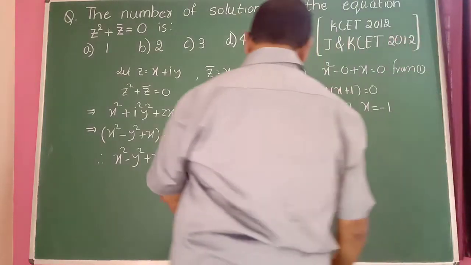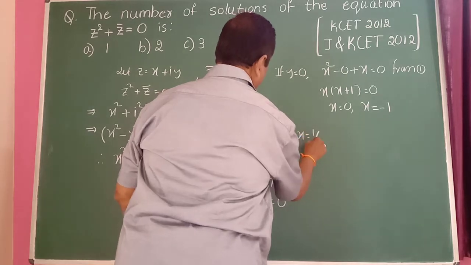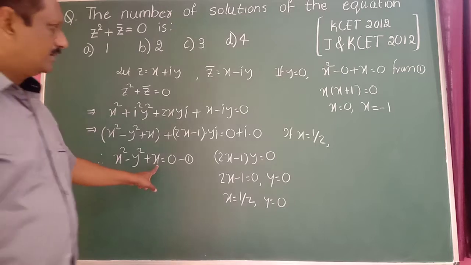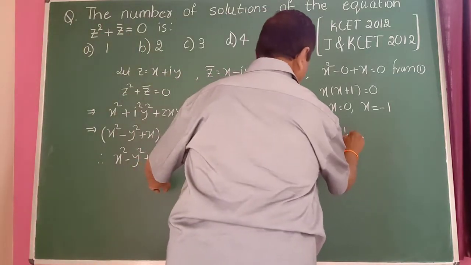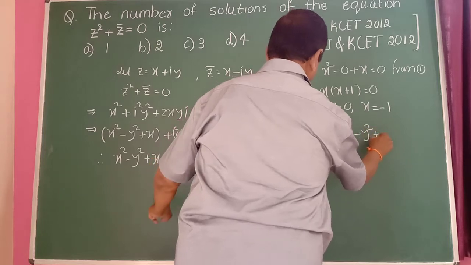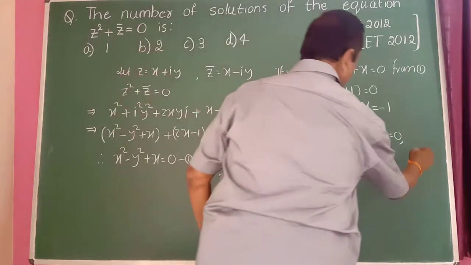Similarly, when x is equal to 1 upon 2, use it in equation number 1. Therefore, (1 by 2) square is 1 upon 4, minus y square, plus 1 upon 2, is equal to 0.